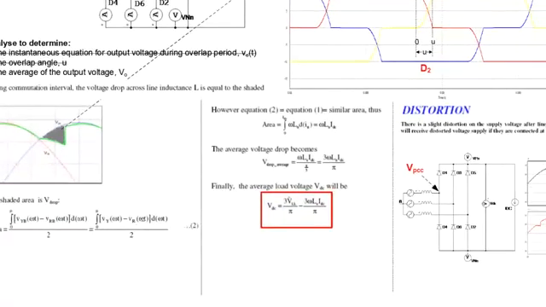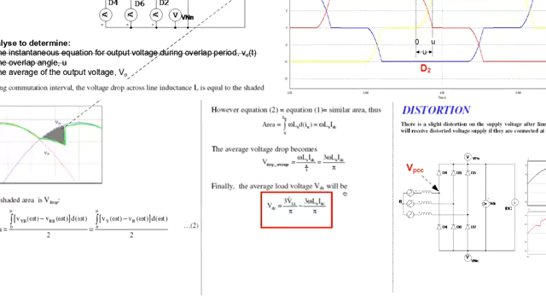Then if you equate equation 2 with equation 1, you get that the area equals omega Ls Idc, and therefore the average voltage drop becomes that area divided by pi over 3, which is 60 degrees. Each pulse consists of 60 degrees, so that's why you divide by pi over 3.